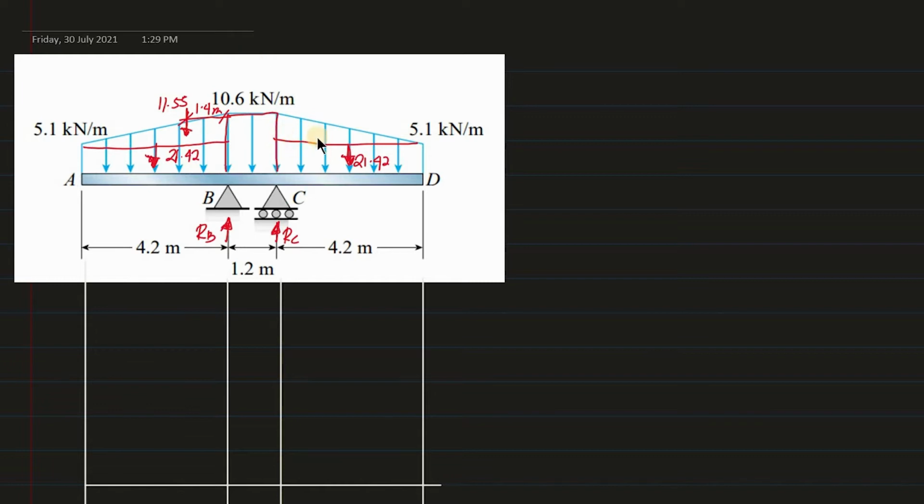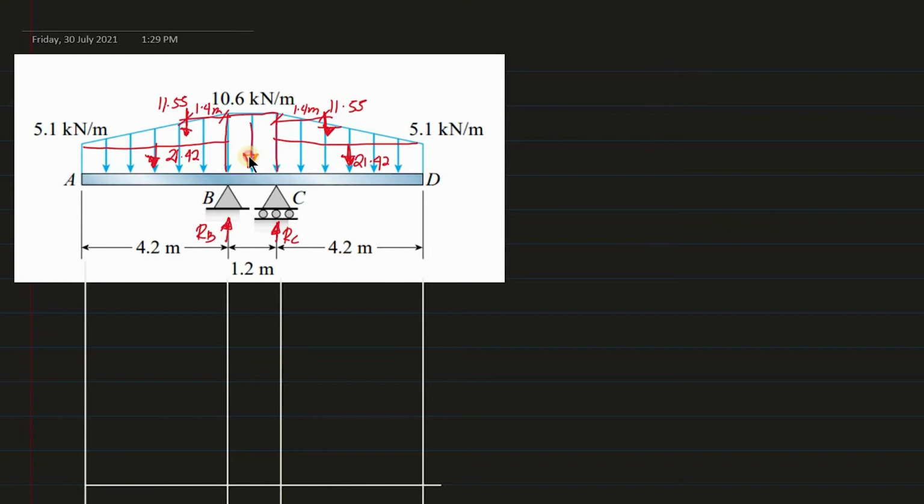And then, dito sa kabila, parehas lang rin, kasi nga, symmetrical sila, di ba? This point and that point. So, let's assume nandito rin yan. Meron tayo dyang 11.55 kilonewtons na point load. And, ang location niya, pupunta dito sa kanyang height is 1.4 meters. Parehas lang rin.